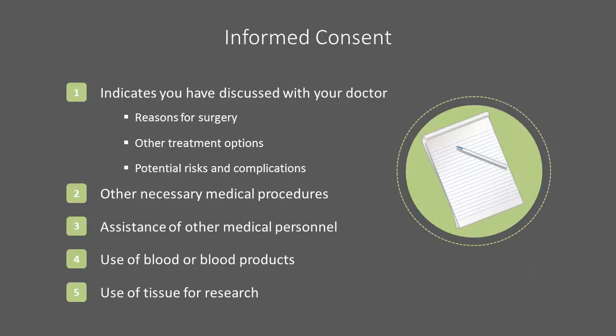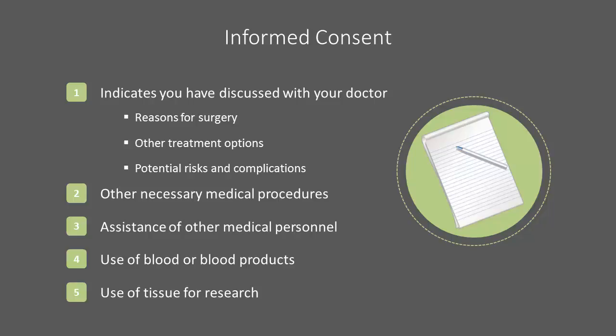Following this review, you will be asked to sign informed consent for surgery. This is a very important document which indicates that you understand why surgery must be performed, other treatment options, what surgery entails, and what the potential risks are. The consent also allows your doctor to perform any other procedures that are deemed necessary to save your life, and to use the assistance of other medical personnel such as other doctors, nurses, and students.